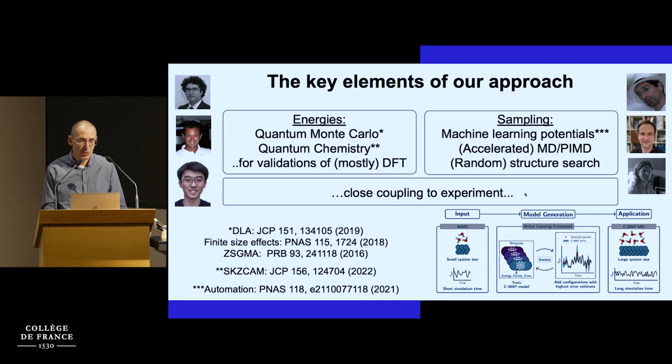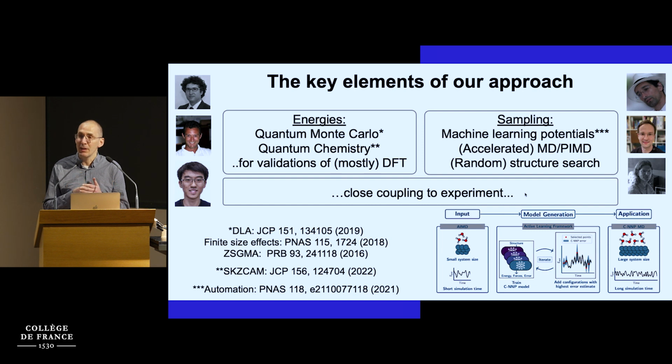I now want to talk about the one application that I promised, of nano-confined water, and the approach that we have taken to tackle this system. We're interested in understanding the structure and dynamics of water confined between two sheets of graphene.